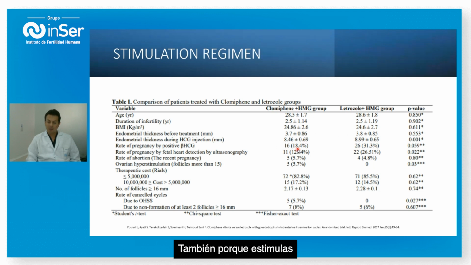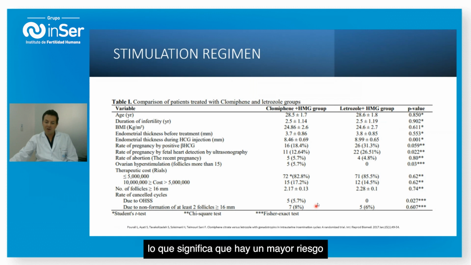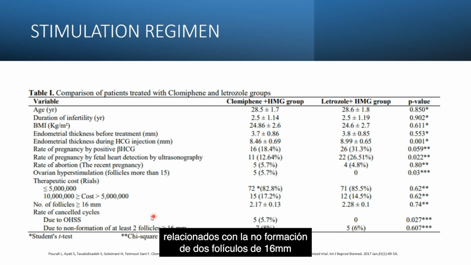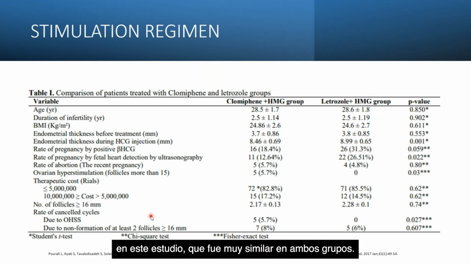Also, because you stimulate more than one follicle in the clomiphene group, there is a higher risk of OHSS, which means there is a higher risk of having to cancel these patients. Something that was very similar is the number of cancelled cycles related to the non-formation of two follicles of 16 millimeters, which was very similar in both groups.